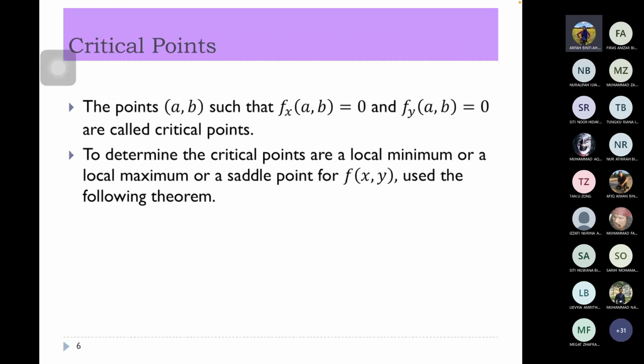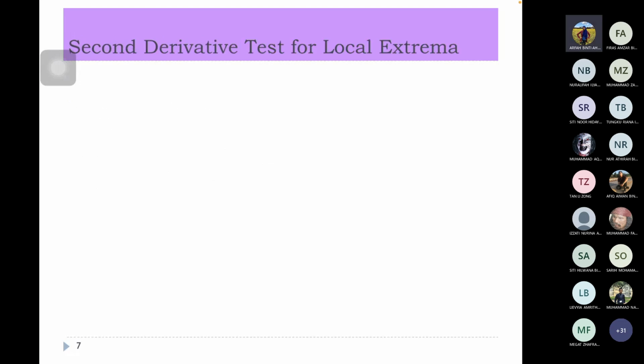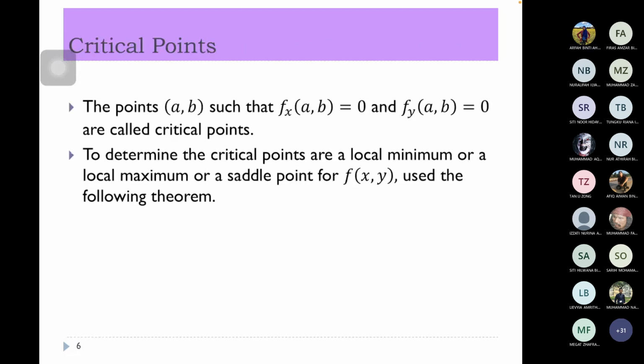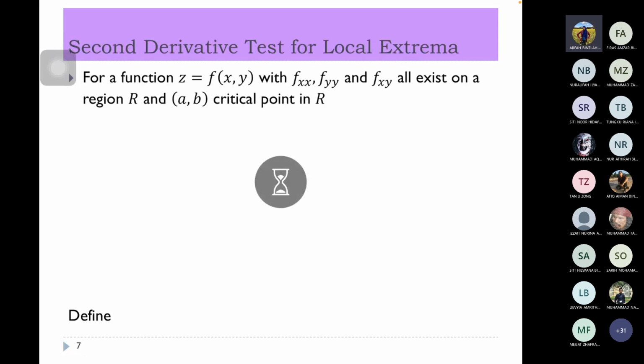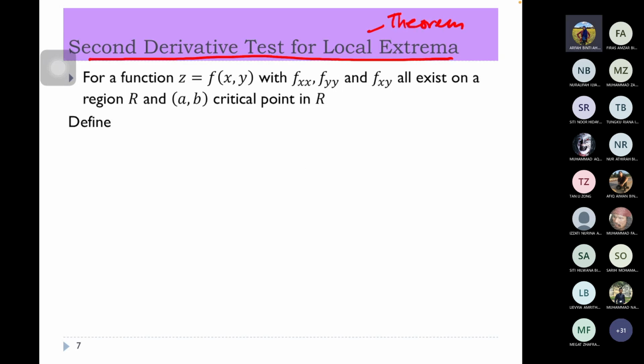So to determine whether the critical points are a local minimum or a local maximum or a saddle point, we will use the following theorem. Okay. The second derivative test for local extreme. This is the theorem to determine the critical point.